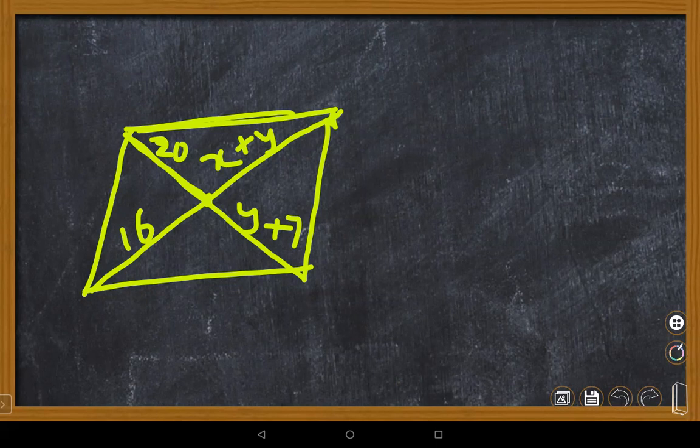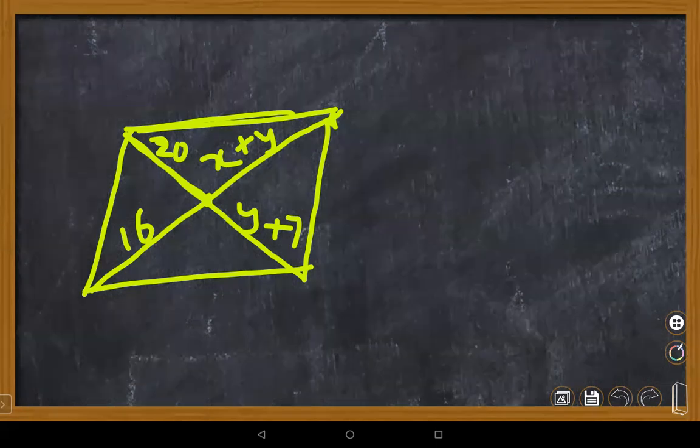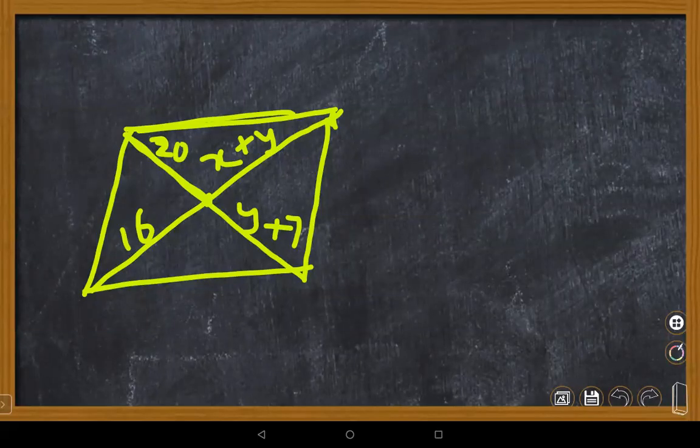Manideep, are you there or not? Any network issue? Yes, I can hear you. So opposite angles are equal, right? Wait, Lalit, wait. Let them answer. Is Manideep responding?